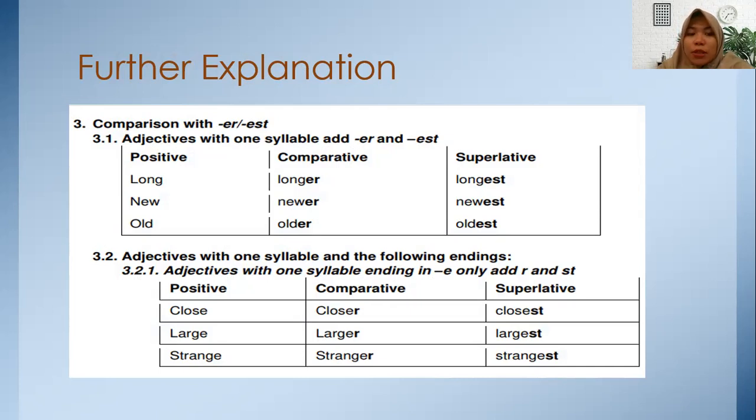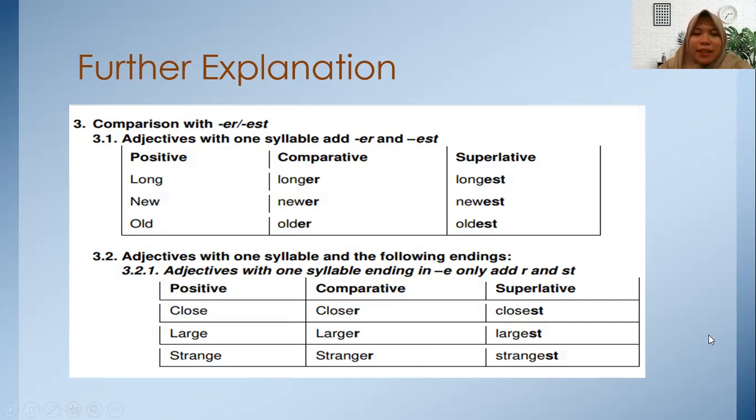It's also the same with the word large. For the comparative, it becomes larger, and for the superlative, it becomes largest. Don't forget to also put "the" in front of the adjective.